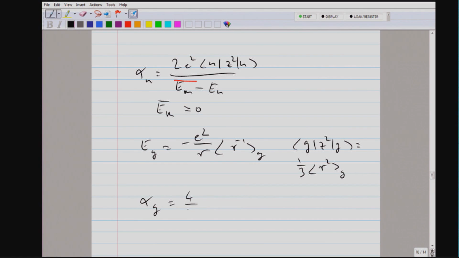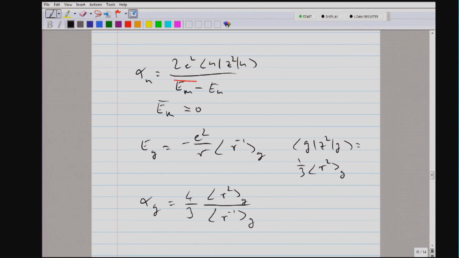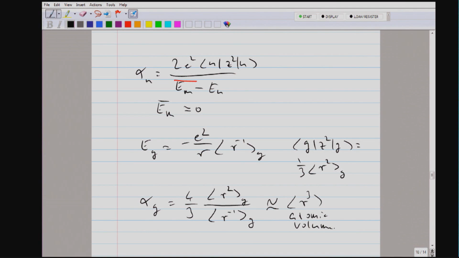So therefore, continuously waving our hands and making approximations, we find that the polarizability is the r squared expectation value divided by the r to the minus 1 expectation value. So this is some r cubed expectation value, which is an atomic value. So you see the nature of the perturbative expression suggests that it cannot be anything else than the atomic volume.